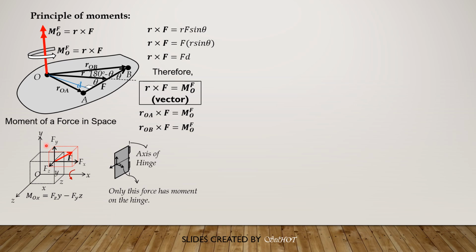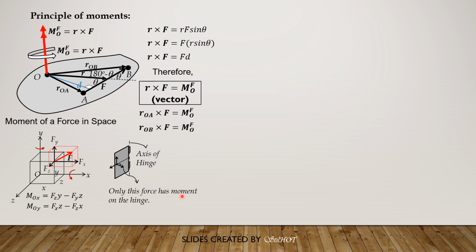MOY, on the other hand, is equal to, this is the positive sense of moment about y, so it is equal to Fx, it has the same sense, times z, then minus Fz times moment arm x.